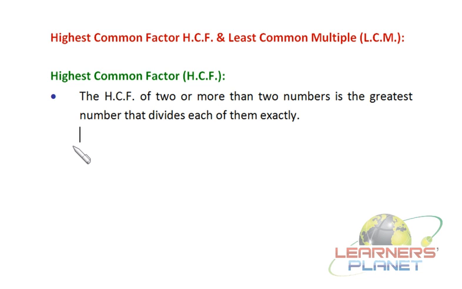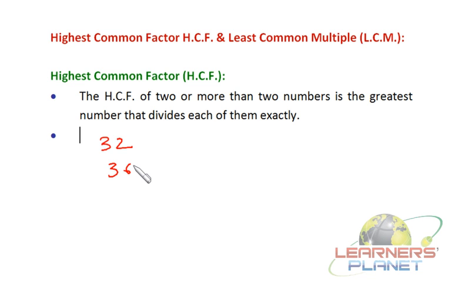Now let's understand the terms HCF and LCM. First see HCF, that is highest common factor, or we can say greatest common factor. The HCF of two or more than two numbers is the greatest number that divides each of them exactly. Suppose I take an example. I have the numbers 32 and 36.